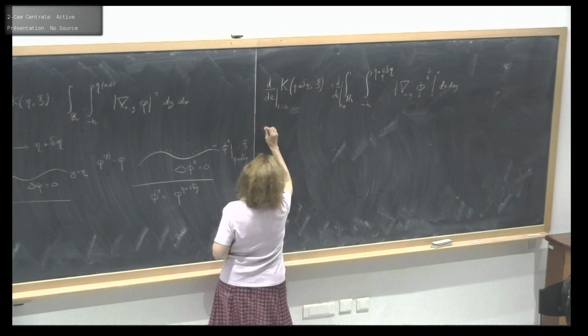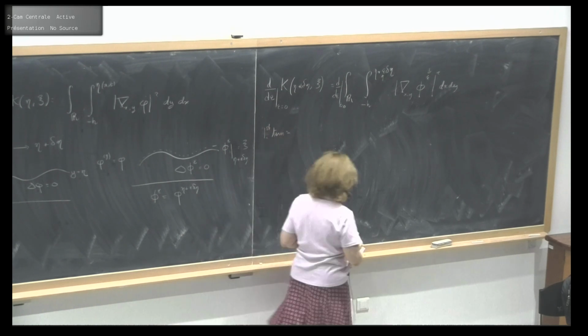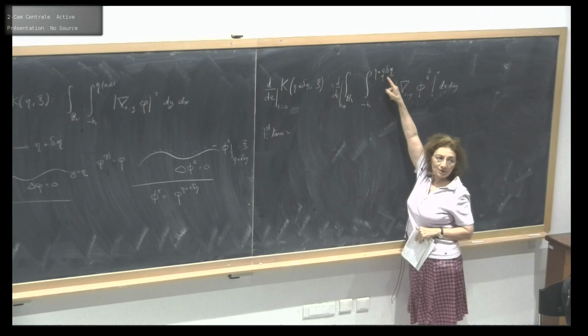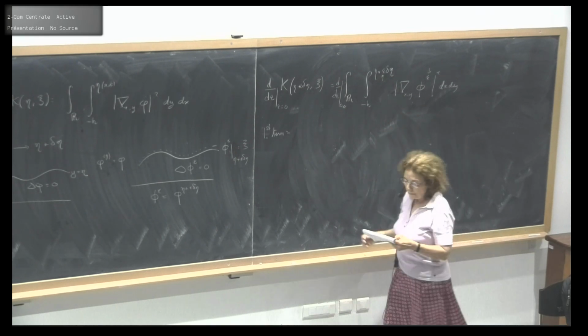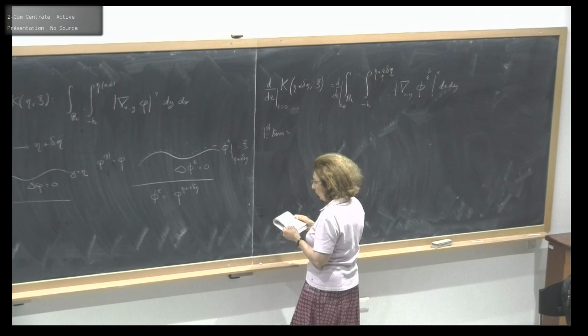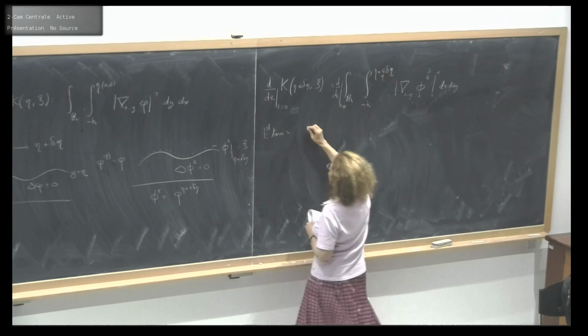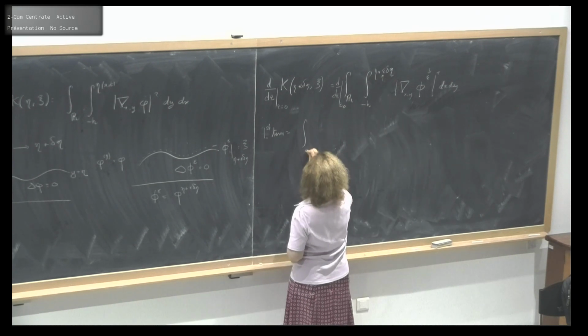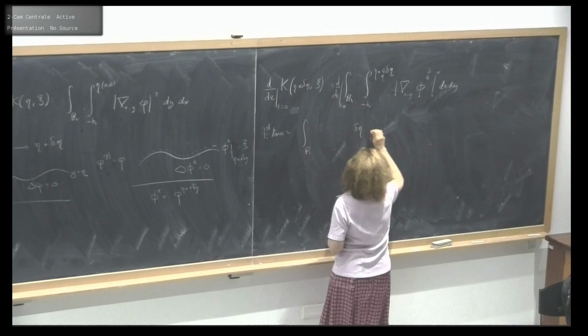The first term is when I differentiate with respect to this epsilon, and I put epsilon equals 0. So what is it? When I differentiate with respect to epsilon, this integral does not change. This integral becomes delta eta.